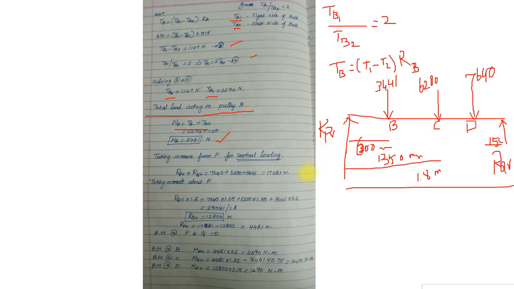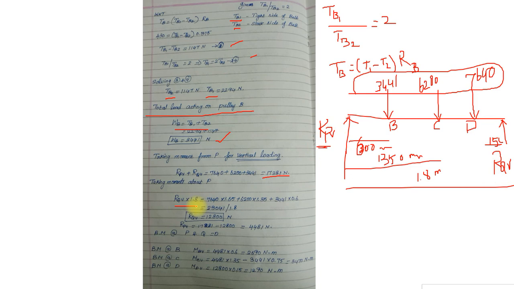Now I need to find out RPV and RQV, for which RPV plus RQV is equal to the sum of these three loads. If I add these three loads, I have a certain value. Now I know RPV plus RQV. Taking moment from P, the distance of Q is 1.8 meter.